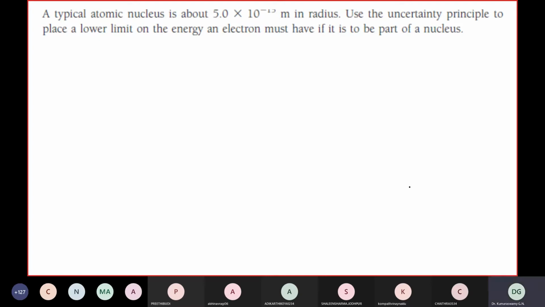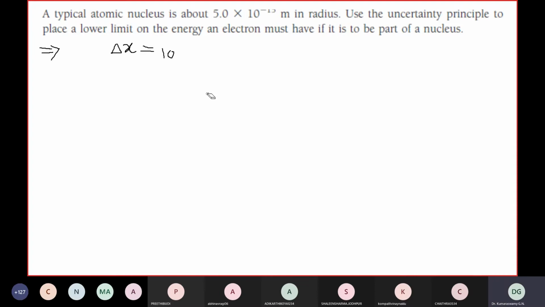Now, how to go about this? What is given is delta X. Let's consider the electron exists inside the nucleus. If it exists, it can move within that radius, 5 into 10 to the power of minus 15 meters.